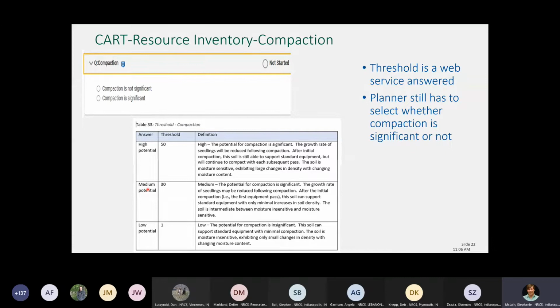Even though this web service process happens in the background, our planners still have to select whether compaction is significant or not. It's just that the web service process is determining the potential severity and the significance of that compaction. And that goes back to some of those things that we talked about on Monday. Is it a high clay soil, the amount of silt in relationship to clay, other things like that, so that are those soils susceptible to compaction being a problem?